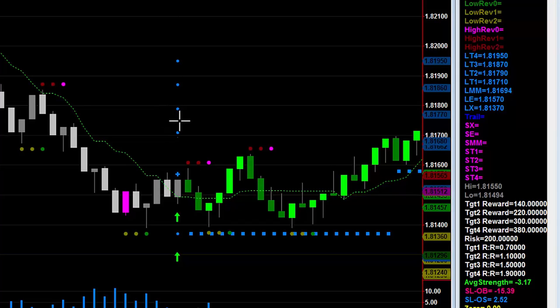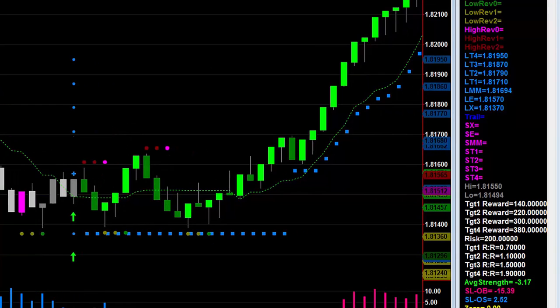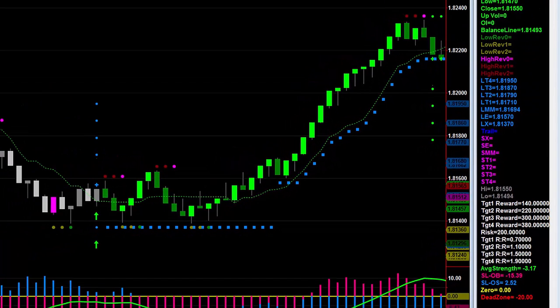And we're going to be taking profit at each of these targets: 14 pips, 22 pips, 30 pips, 38 pips, and we're going to trail. And we use special tools that help us scale out. But notice how it went through all those targets and then just kept on going. And this is why we trail. This is what's beautiful about this strategy: it adjusts to market conditions, hits some pretty accurate targets.